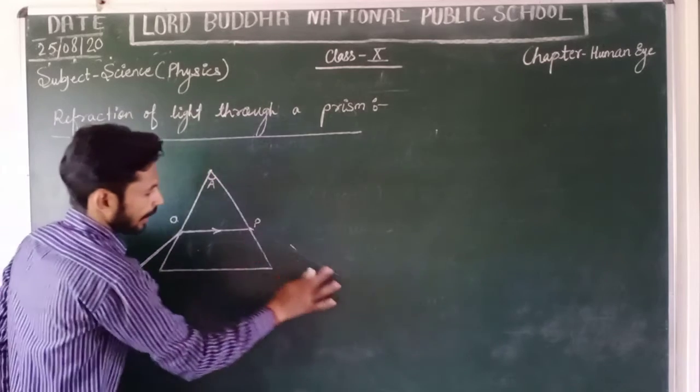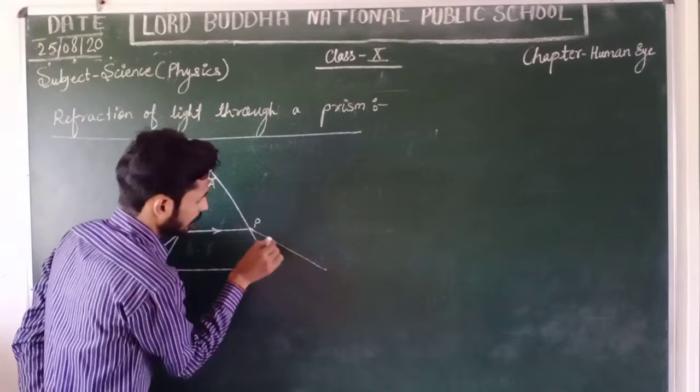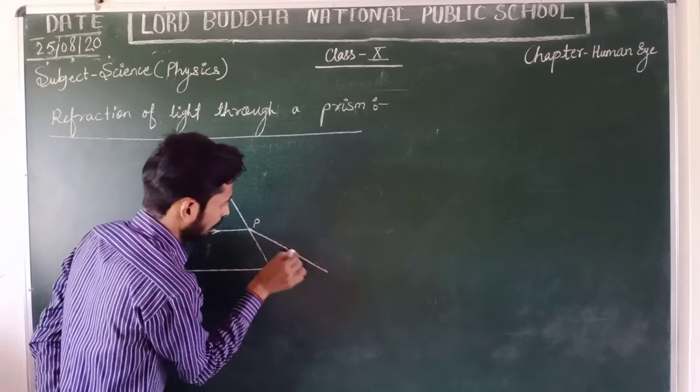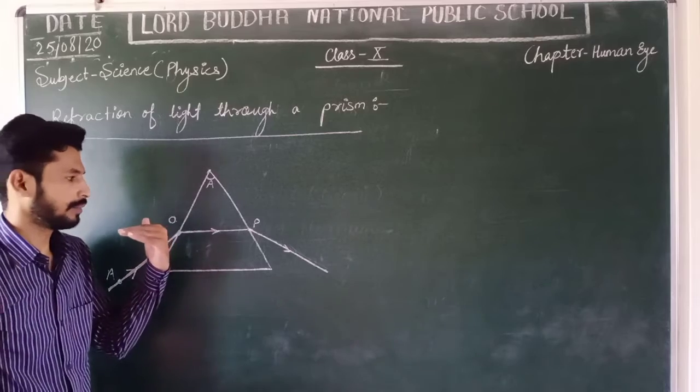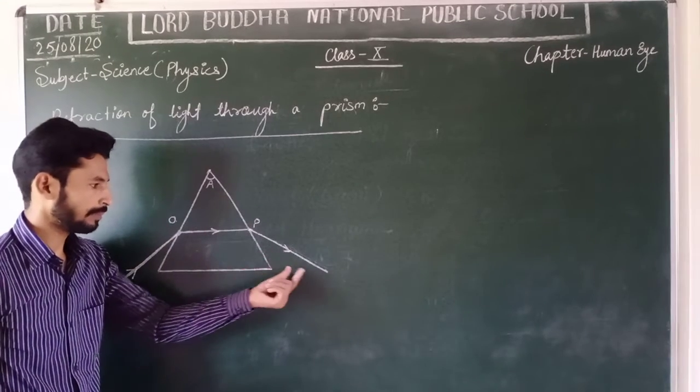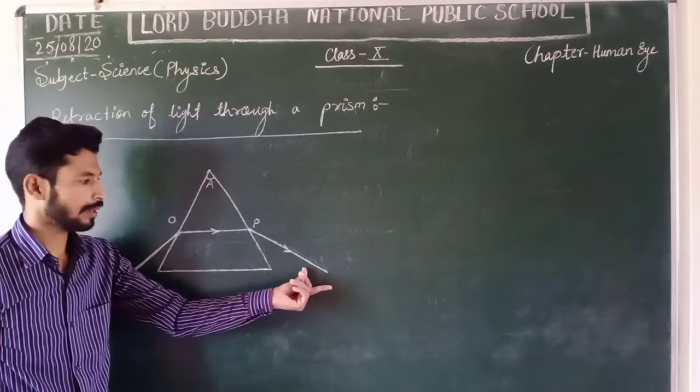When this ray is refracted and passes out through the prism, that is called the emergent ray.